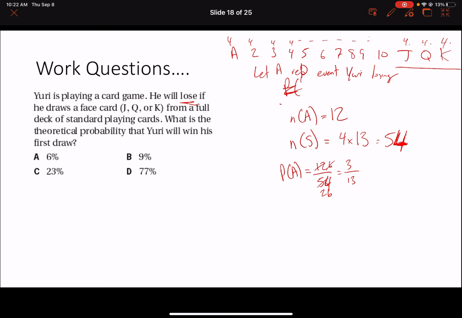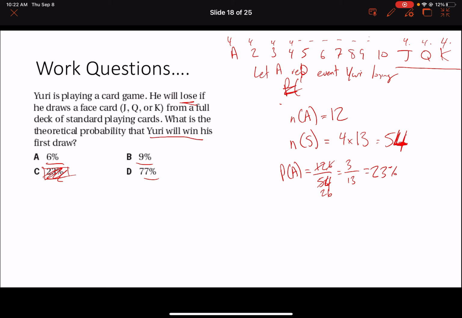What's the probability of Yuri winning the game? Actually, first, since we have our answer in percentage points, let's convert our answer to a percentage. What is 3 divided by 13? It's approximately 0.2307, so 23%. You'd think it's this, because our answer is here. Unfortunately, that's the probability of losing.